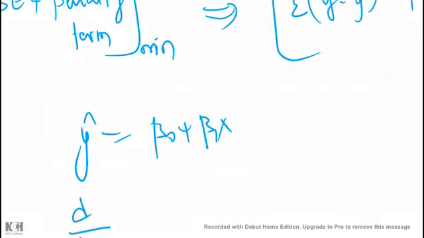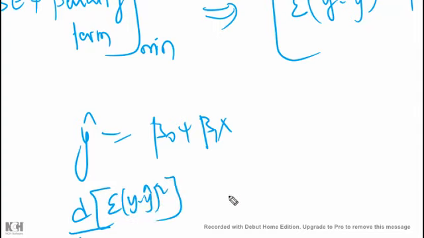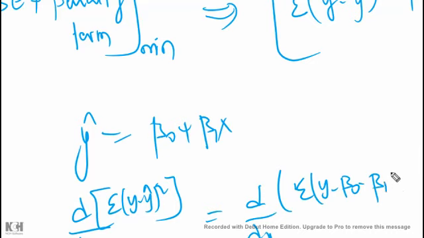For that, d by dx of the sum of the squares of errors, which is nothing but d by dx of summation of (y minus beta naught minus beta 1 x) whole square. From that, we have calculated the beta naught and beta 1 values. This is how we applied linear regression.